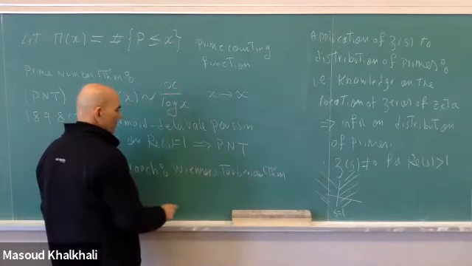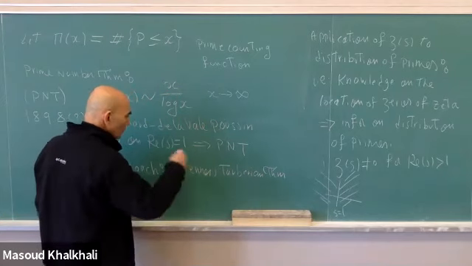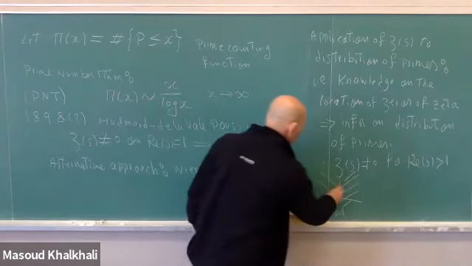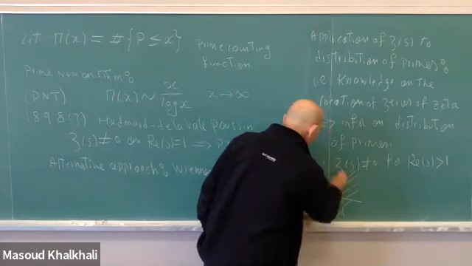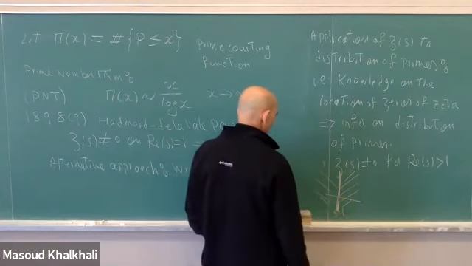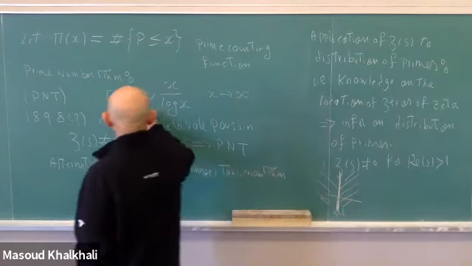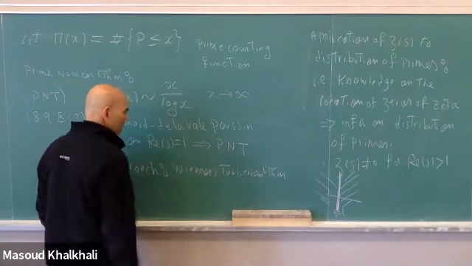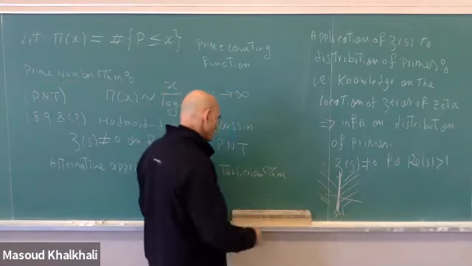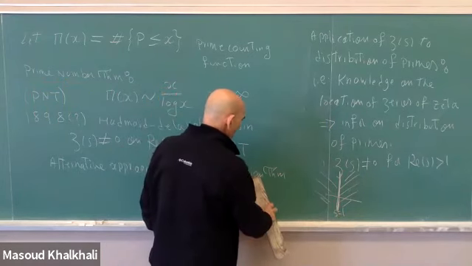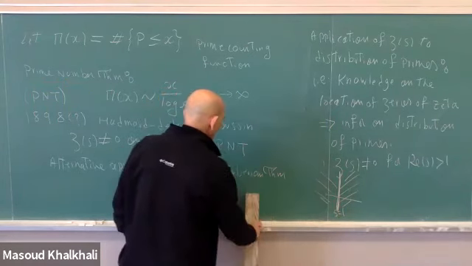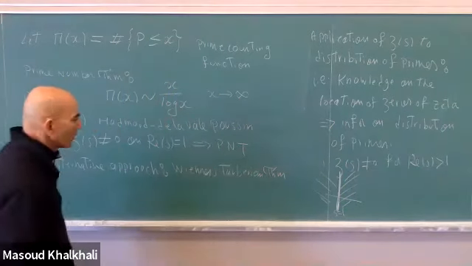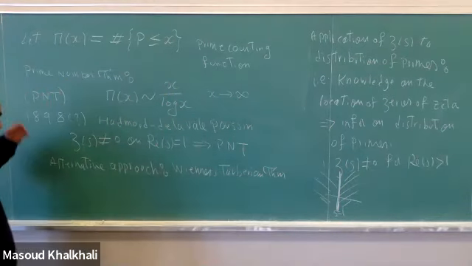The Wiener Tauberian theorem actually shows by some general method that if you prove that Riemann zeta function is not 0 on the line s equal to 1, then this prime number theorem follows. So let me just. Okay.